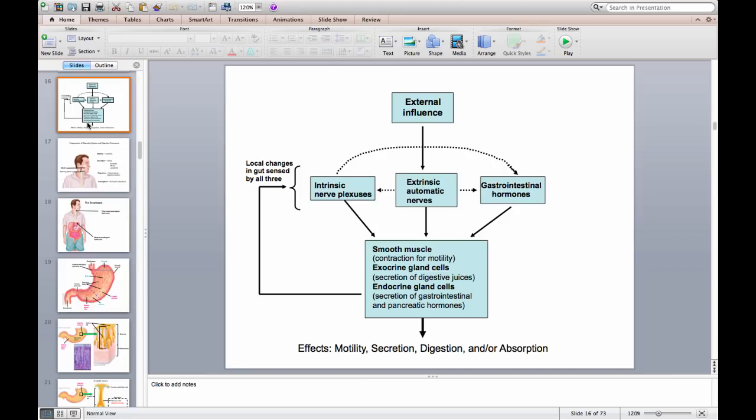Okay? It's a little like the dean can call me up and say, teach them about the brain or whatever. Okay? So the brain can actually affect gut function by working through those other short loop systems.